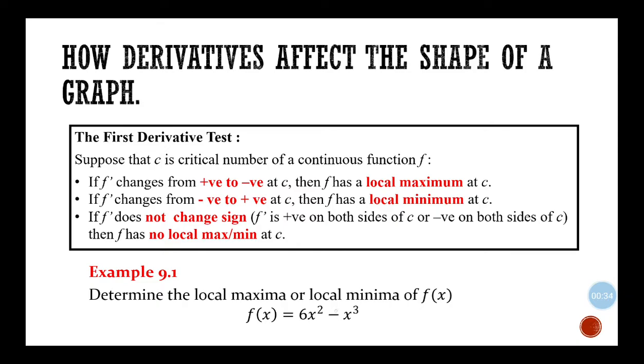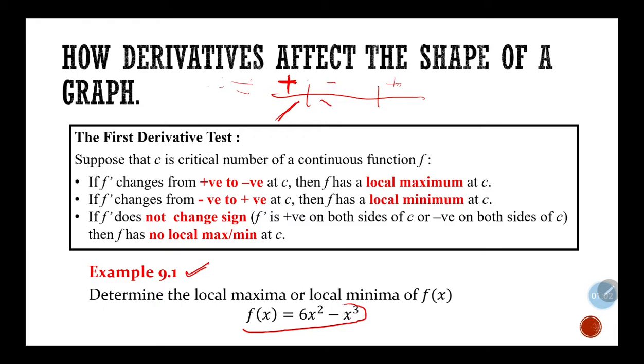I asked you to submit example 9.1 to determine the local maxima or local minima using the first derivative test. Remember we do the line test, whether it's positive, negative, positive, we substitute a value, and if it is positive, the slope is more than 0, which means it is increasing.